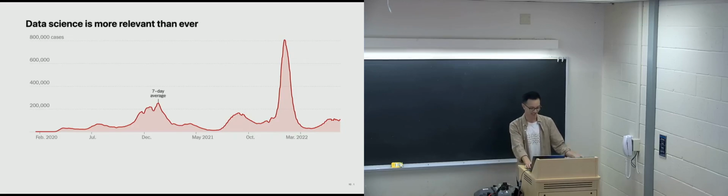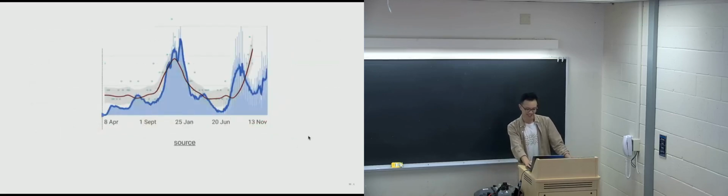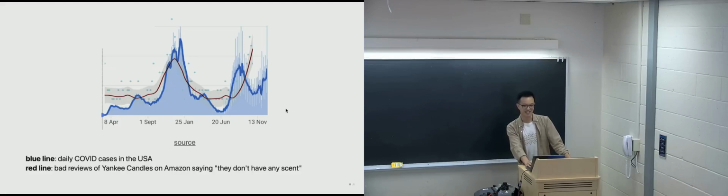So here's an interesting plot. What this Tutor user did is put the number of COVID cases in blue on the bottom, and then in red is the number of bad reviews of Yankee Candles on Amazon saying they don't have any scent. Just take a minute to look at this plot and think about why this might have happened.